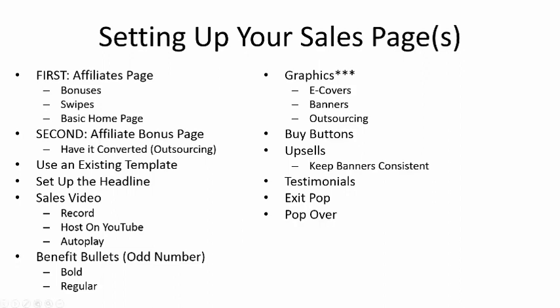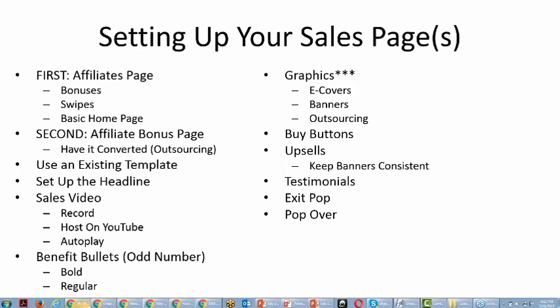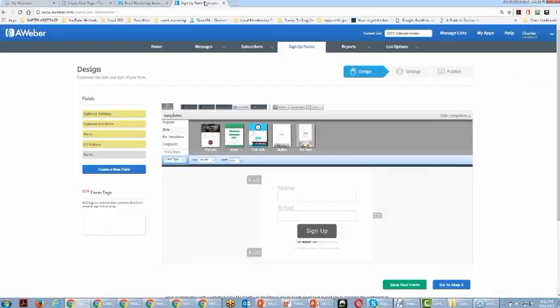There's also the popover, and I do want to show you this. Let's see if I can find the page here. Okay, so here's AWeber, right? And what you want to do is use this setting in AWeber that says popover, lightbox, or pop-up.